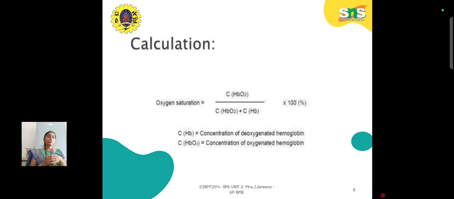So the calculation for oxygen saturation is: the concentration of oxyhemoglobin divided by the total concentration of oxyhemoglobin plus deoxyhemoglobin, multiplied by 100, and then we know the oxygen saturation. So now we have to find the concentration of oxyhemoglobin and deoxyhemoglobin.